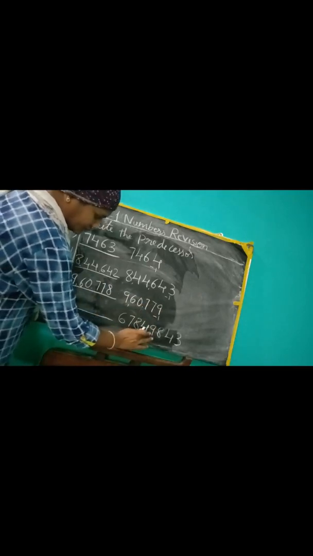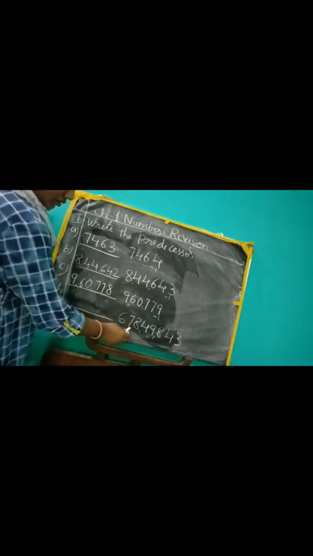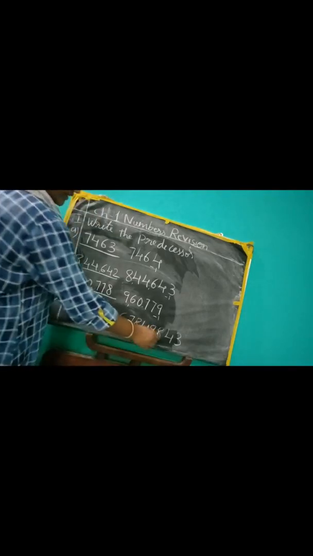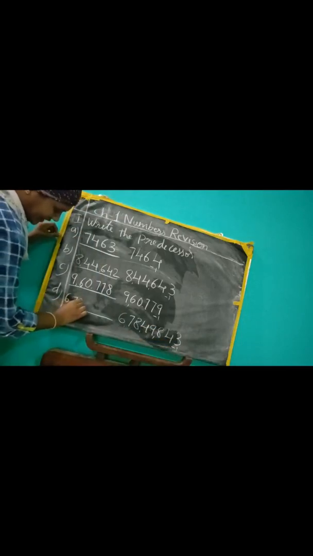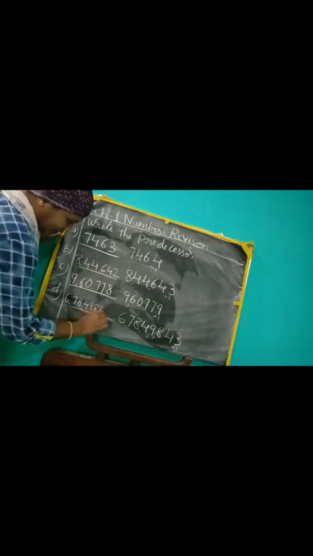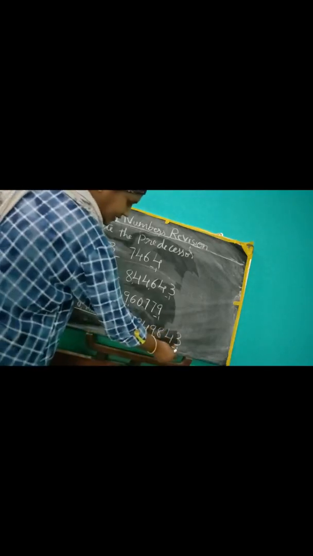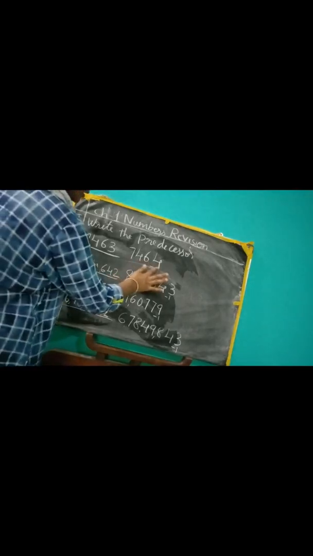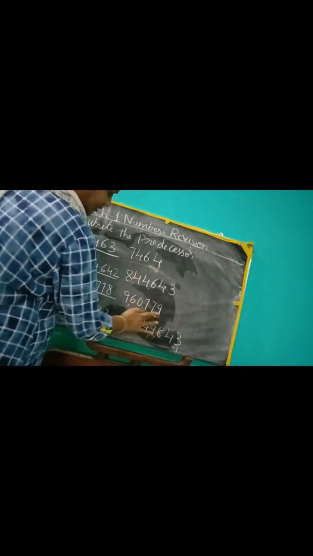Yes or no? Here, 6 crore 78 lakhs 49,843 minus 1 is 6 crore 78 lakhs 49,842, because in these three one should be subtracted to get the before number. Understood, children? Do it. Write in the classwork.